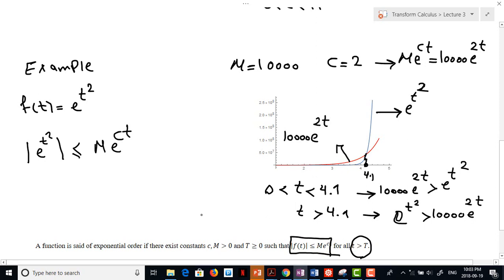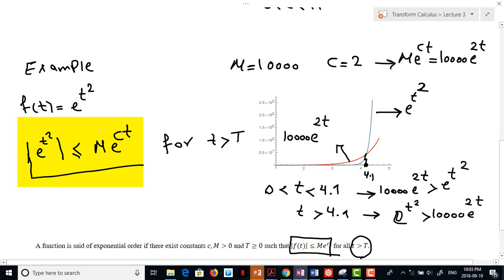You can try different sets of c, M, and T capital, and for none of them can you find e to the power of t squared less than M times e to the power of ct for t greater than T. Maybe in a specific range, for example 0 to 4.1, it's valid, but after that it's not, and it should be valid for t greater than T capital until infinity.